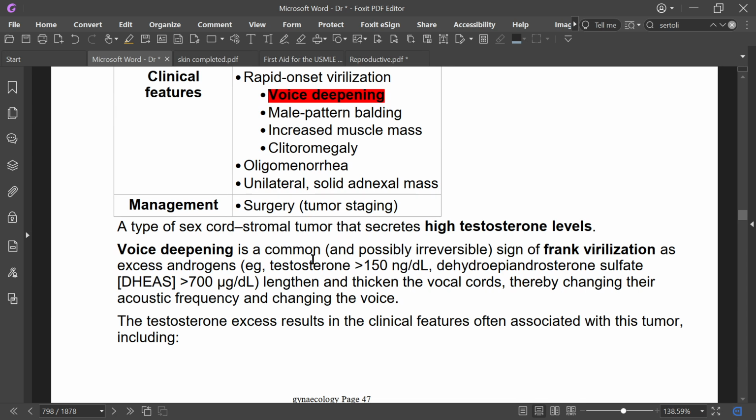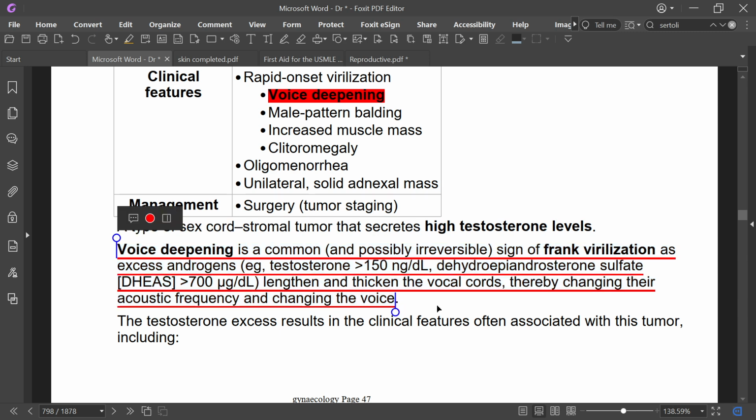Voice deepening is a common, possibly irreversible sign of frank virilization, as excess androgen, testosterone more than 150, and dehydroepiandrosterone sulfate more than 700, lengthen and thicken the vocal cord, thereby changing their acoustic frequency and changing the voice.